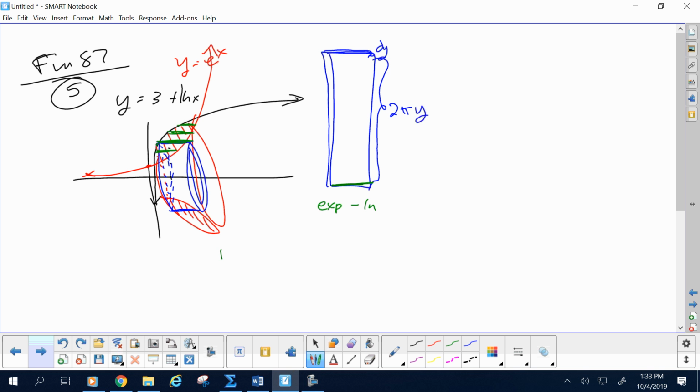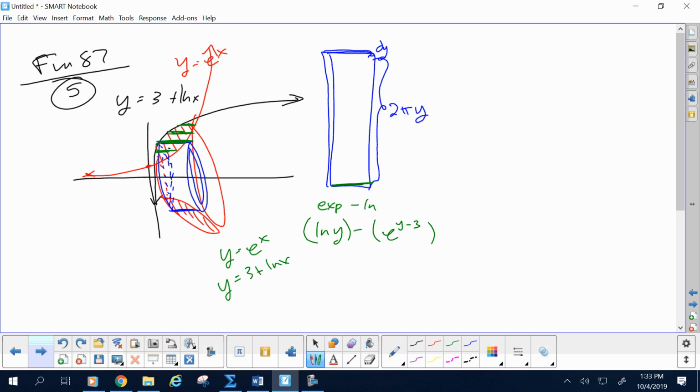If you do the exponential in y terms, what is that? Natural log of y. And if you do the log in y terms, what? E to the y minus 3.